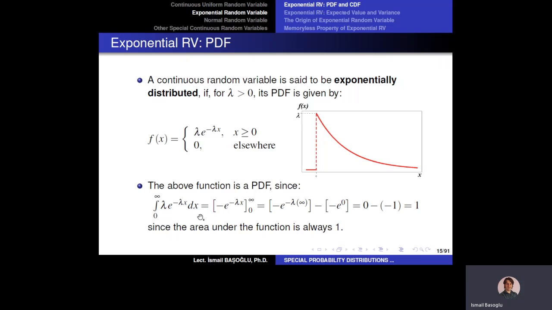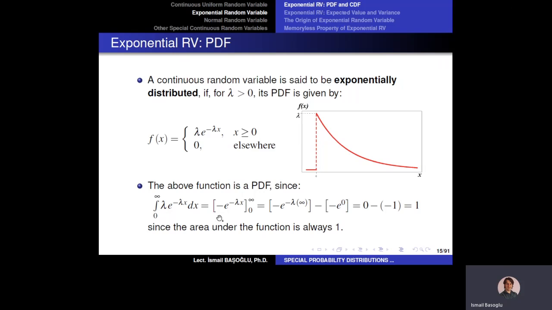If we integrate the PDF from 0 to infinity, the integral of such a function will come out as minus e to the power minus lambda x. So you know the integral of e to the power x is again e to the power x. However, the integral of e to the power minus lambda x is going to get this minus lambda in front of the exponentiation.